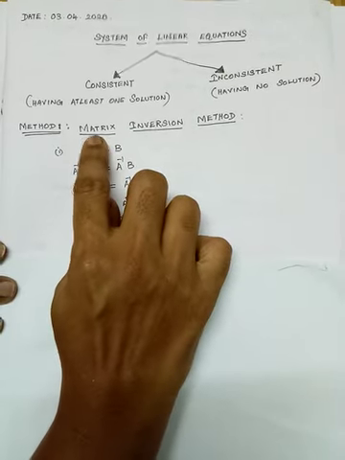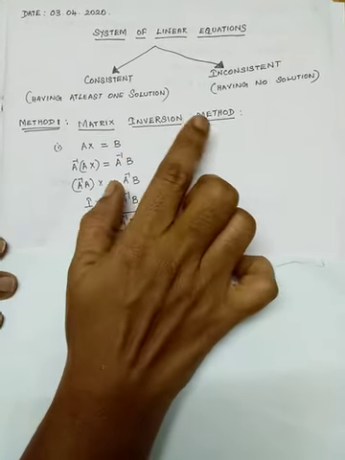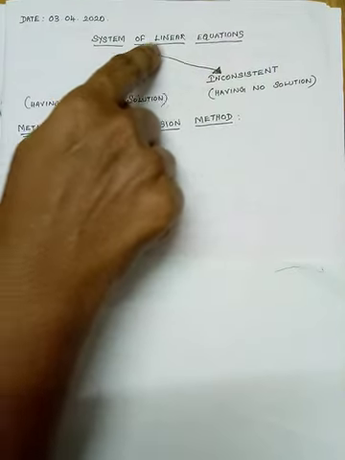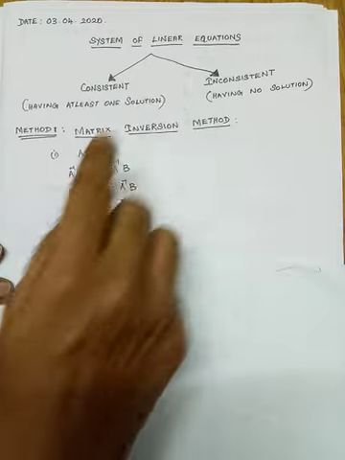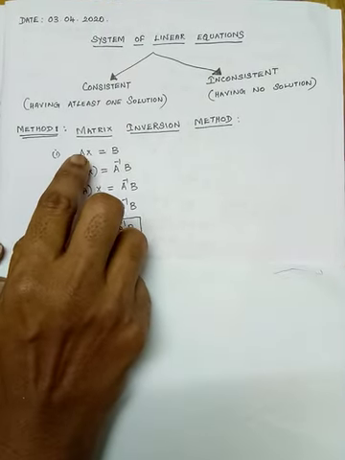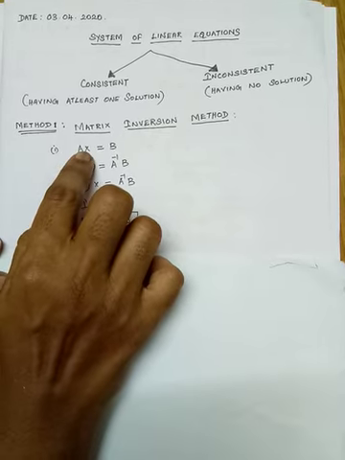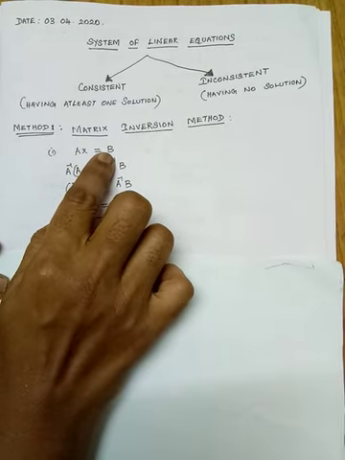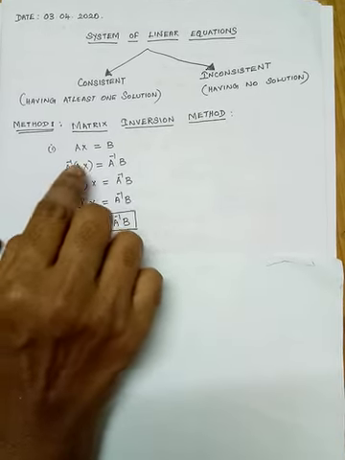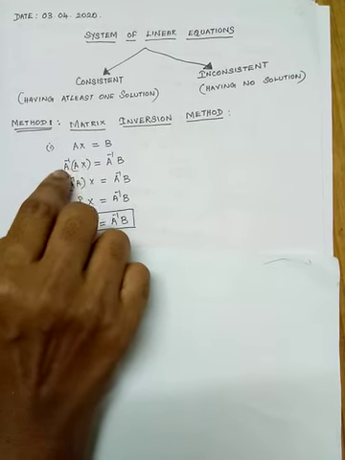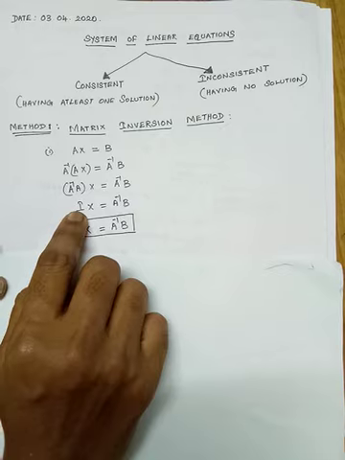So which method? The matrix inversion method to find the solution of a system of linear equations. First step, we have to bring the system of linear equations into the form Ax = B. When you pre-multiply by A inverse on both sides, you will get the identity matrix.